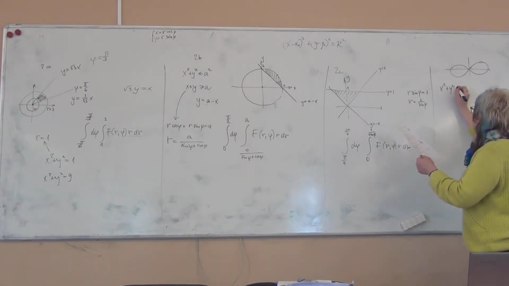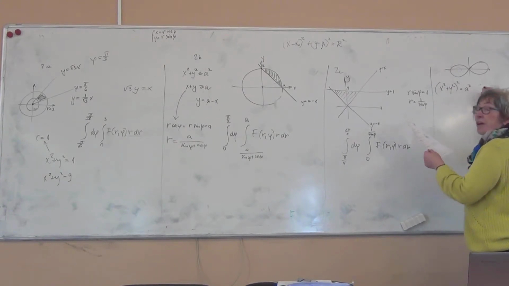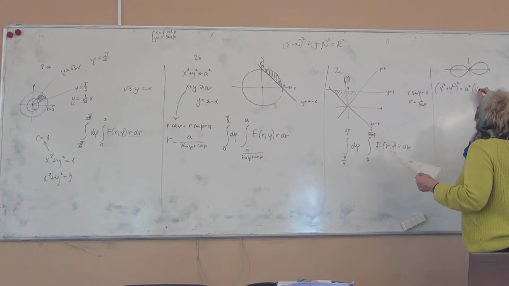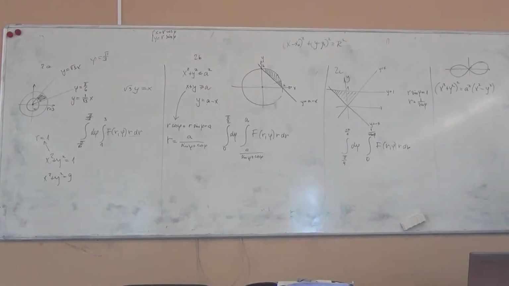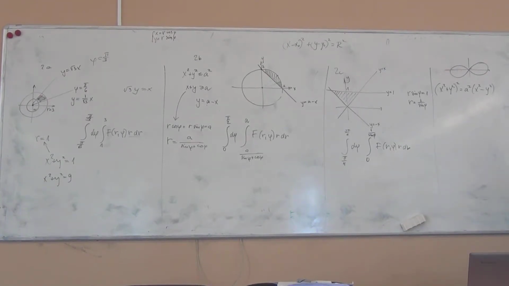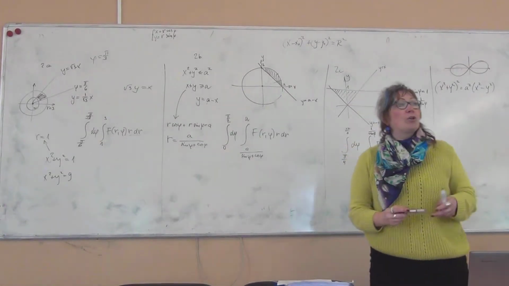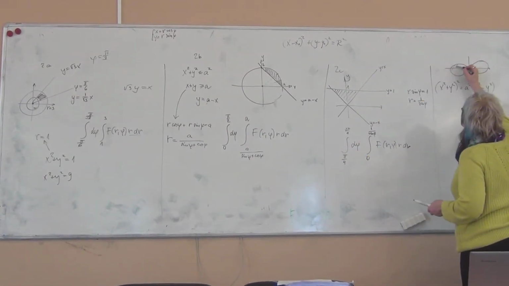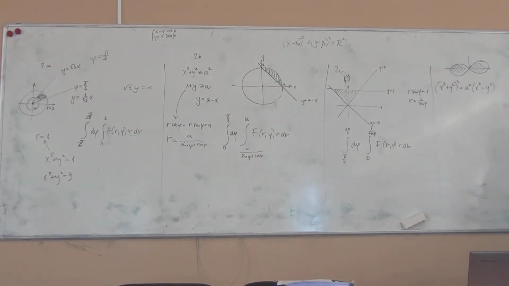X squared plus y squared, all of it squared, equals a squared, where a is some constant, times x squared minus y squared. Just like this. So the region of integration is obviously inside both leaves or petals, whatever. So that's the region of integration.